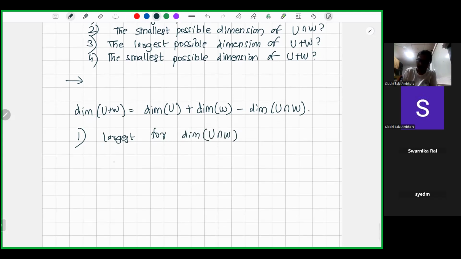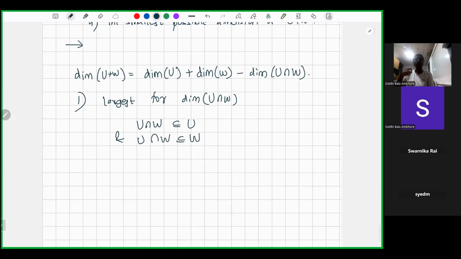So see, U intersection W is contained in U, and U intersection W is contained in W, right?